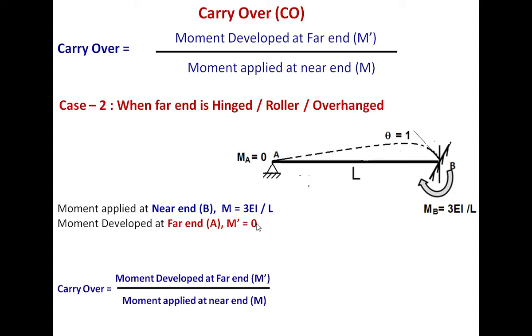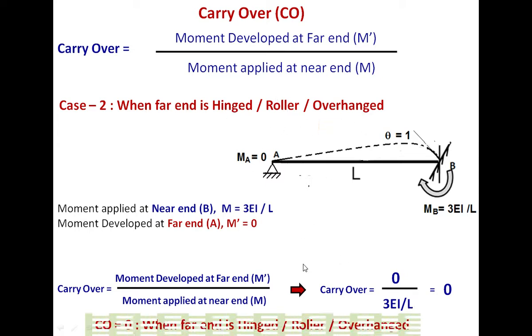So when we take the ratio of M dash upon M, it becomes 0 in the case in which the far end is hinge, roller or overhang. So we get another important relationship to be remembered: carryover equal to 0 when the far end is hinge, roller or overhang, and carryover is equal to 1 by 2 when the far end is fixed or continuous.